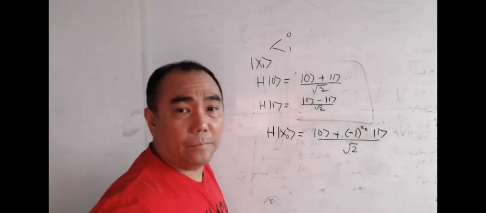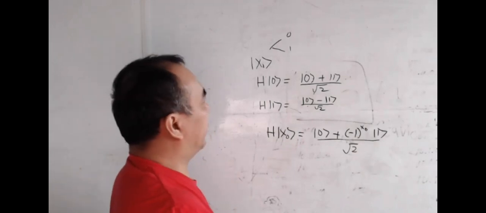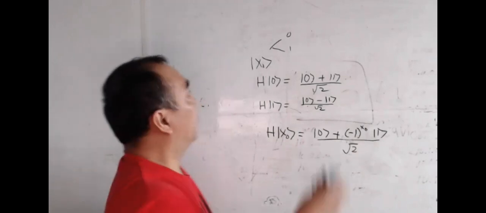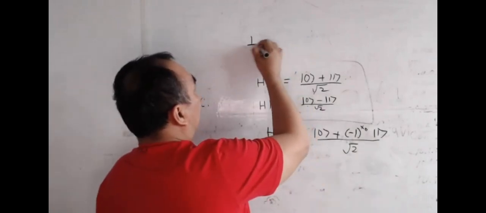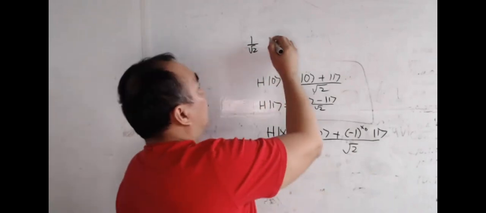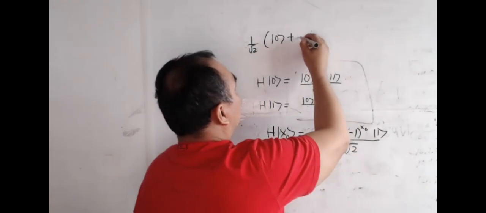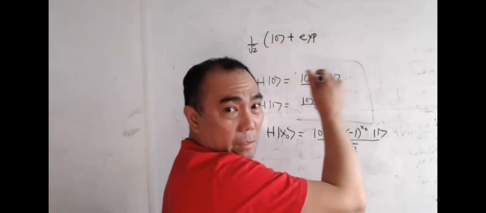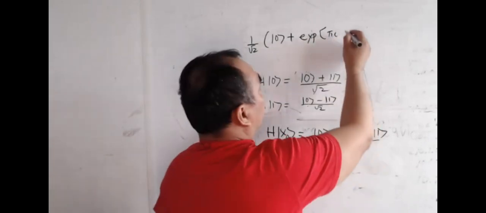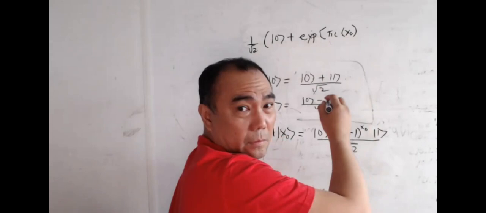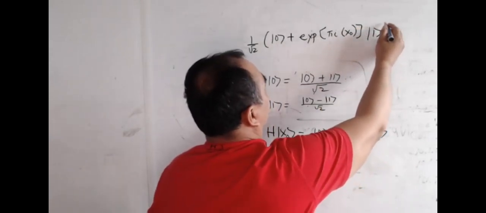Now there is another thing here. On the right hand side we have 1 over the square root of 2 multiplied by |0> plus the exponential of pi i x0 times |1>.